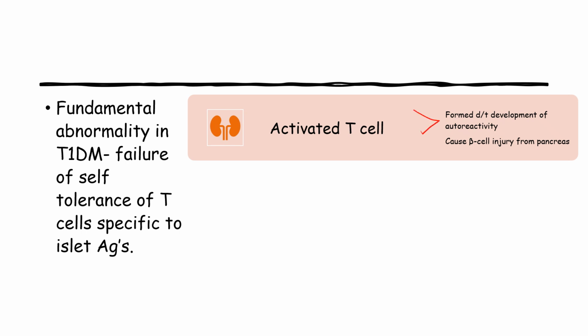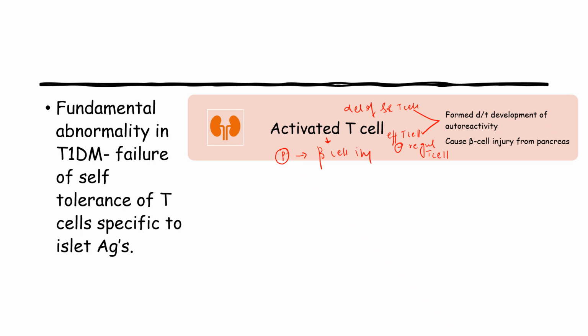Autoreactivity occurs in one of two ways: either there is a deletion of the self-reactive T cell, or failure of the effector T cell to get suppressed by the regulatory T cell. So these activated T cells will travel to the pancreas and there they will cause beta cell injury.